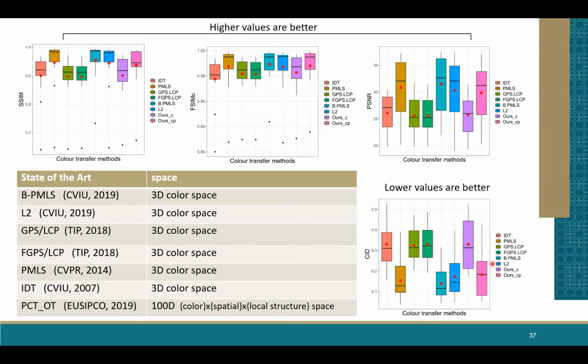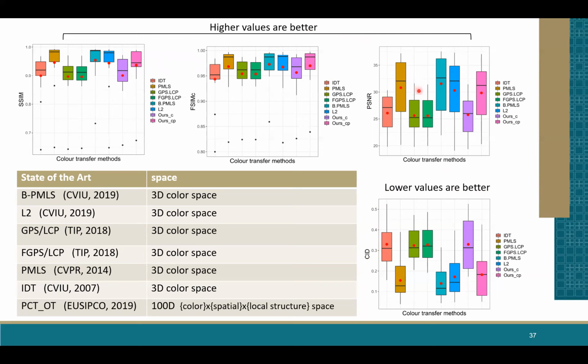So we have this result here. The last two boxes show using the color only, and using the color and position. For the CID metric, lower values are better, and for the rest of the metrics, higher values are better.